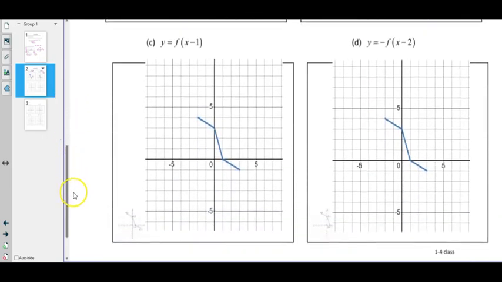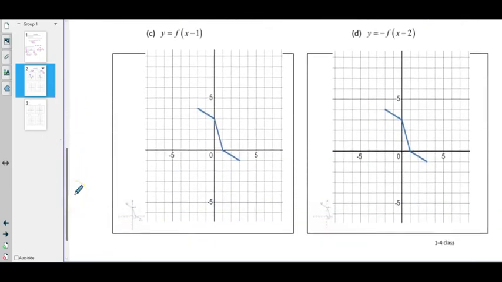All right, next two. When we look at c, very similar, right? It is inside the function, which tells me this is going to be a horizontal shift. Since it is inside the function, I want to set it equal to 0, which tells me that I would have x equals +1, which means I'm moving to the right by 1.